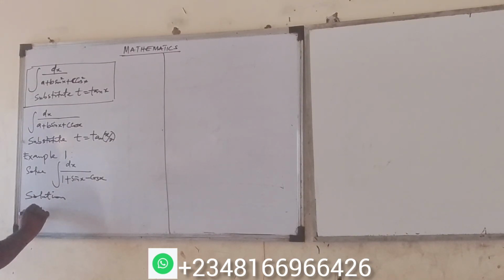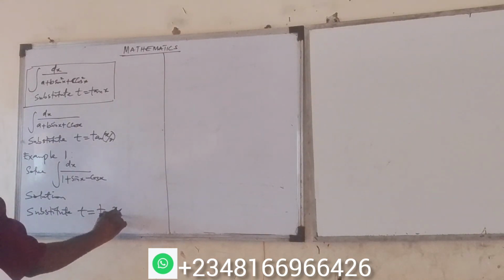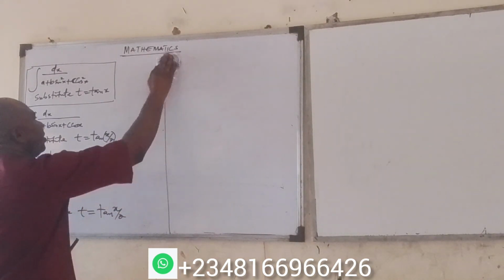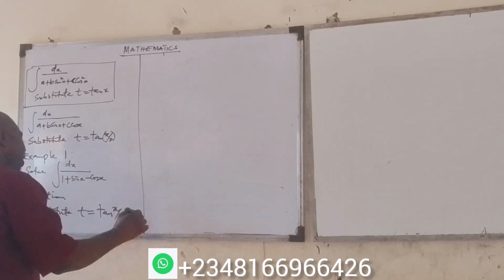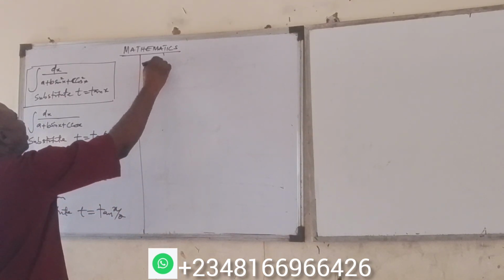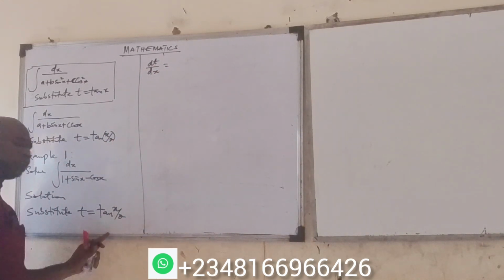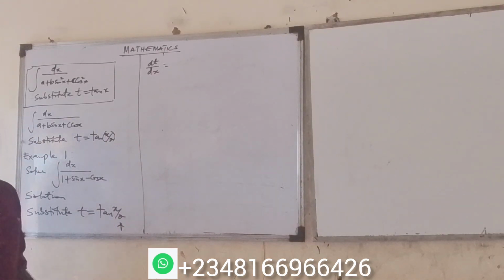You substitute t equal to tan x over 2. Now, if t is equal to tan x over 2, it therefore means that dt over dx will be equal to, now this is a function of a function, because this x over 2 has taken the position of x.